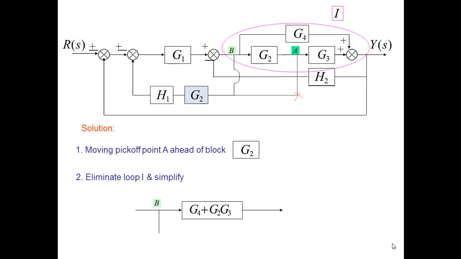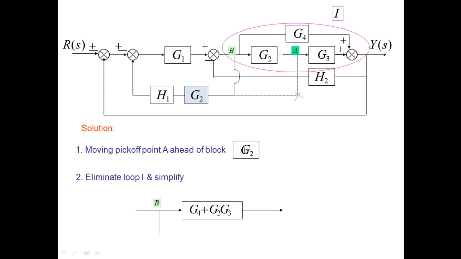So the first step is that we have to move this point ahead of the block G2. So this summing point will be moved from this side to this side. When we move this link from this side to this side, we will have to do something to compensate for that as well.